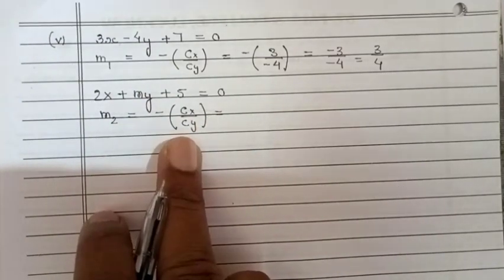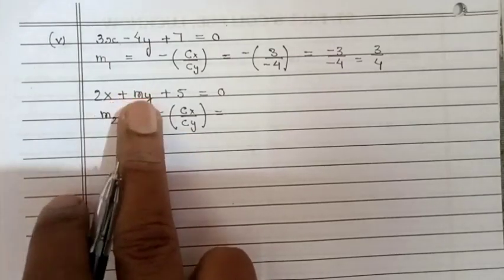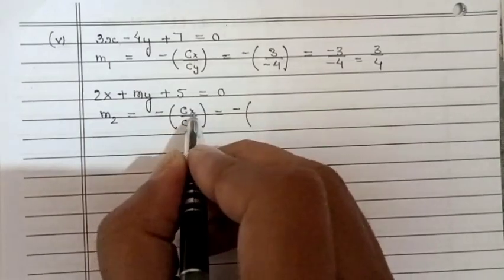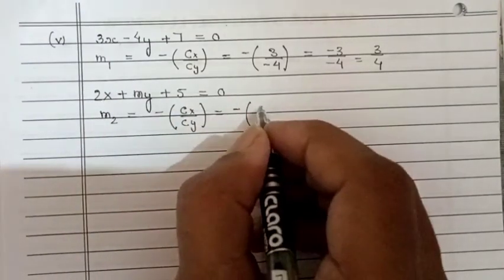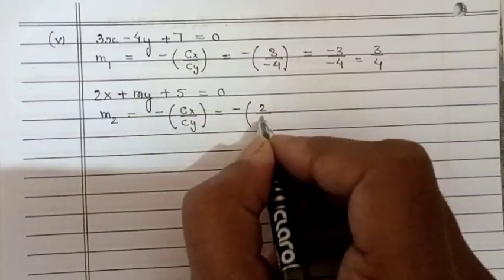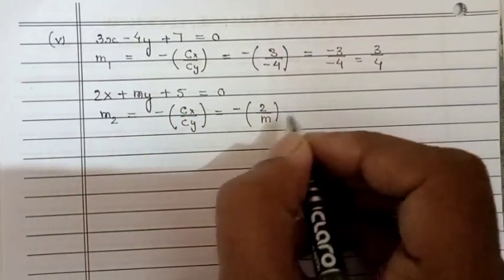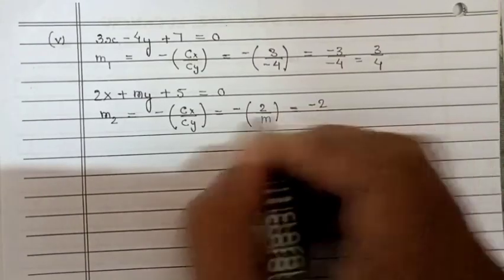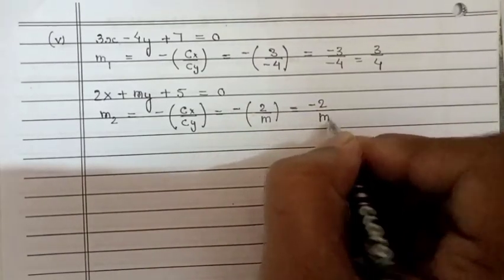But using this formula, make sure x and y both are on the same side. Negative coefficient of x over here is 2, coefficient of y is m. So the slope is minus 2. If you open the bracket, it becomes minus 2 upon m.